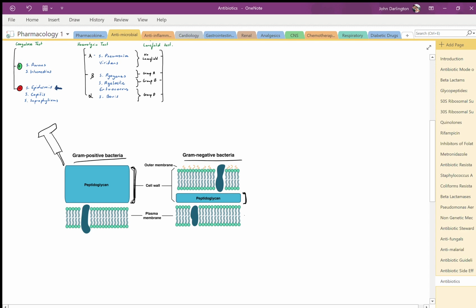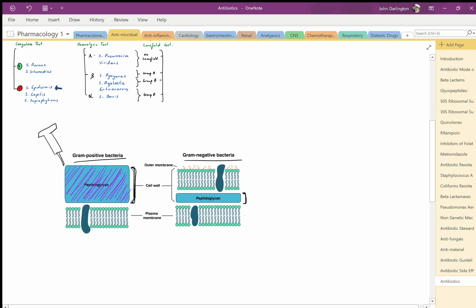So you give an injection of, well, you wash them with a particular stain, and because the gram-positive cell wall is much bigger, it soaks up a lot more of this stain, and as a consequence, stains darker.